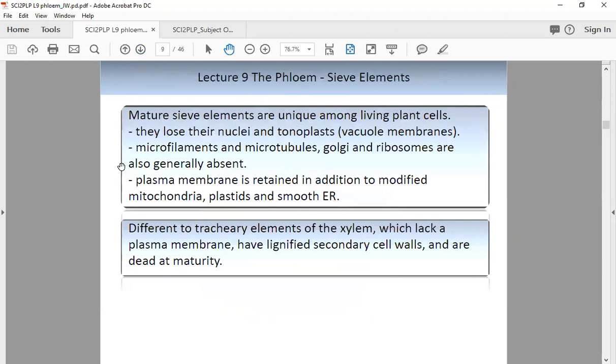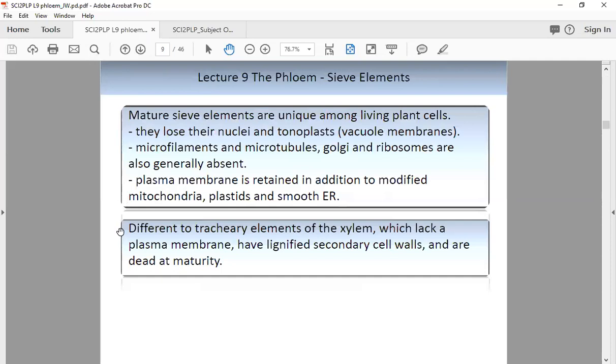They are living plant cells though, so they do retain the plasma membrane. They do have a small number of modified mitochondria, some plastids, and some endoplasmic reticulum. They're different to the tracheary elements of the xylem, which, as you probably remember, lack a plasma membrane.